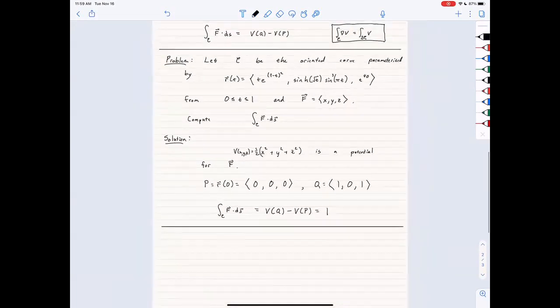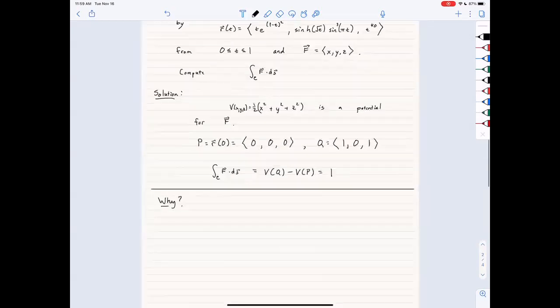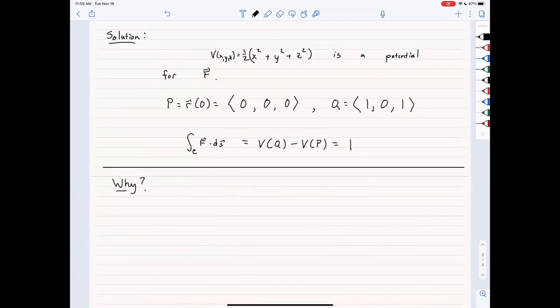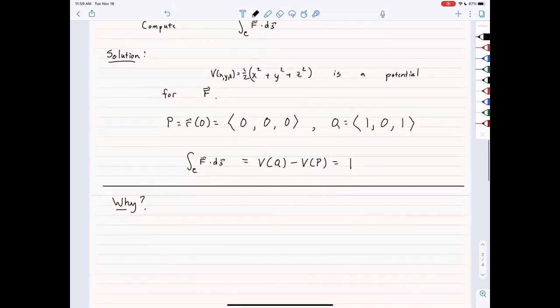Why does it work? Well, the reason it works is that it's really just the fundamental theorem of calculus. If I look at this F dot ds, and let's say we have this parametrization, I go from a to b of F of r(t) dot r prime of t dt.